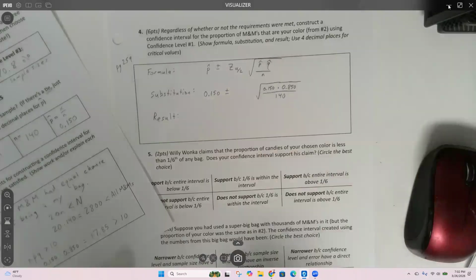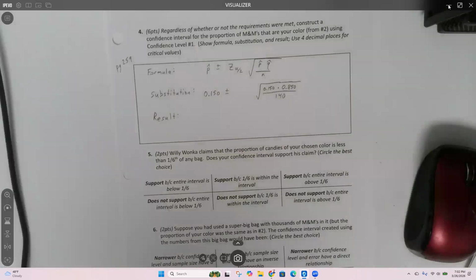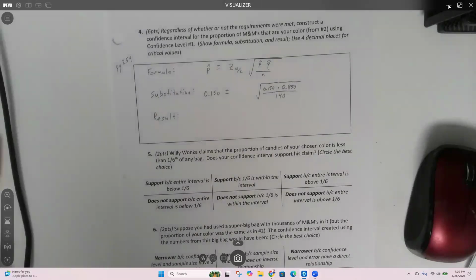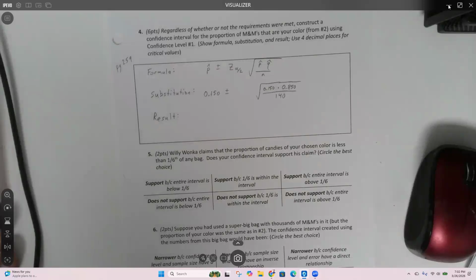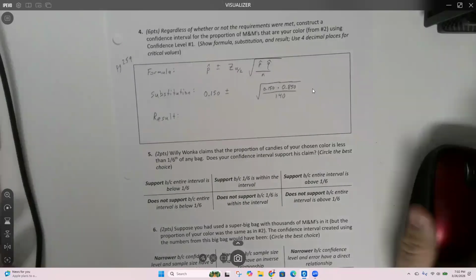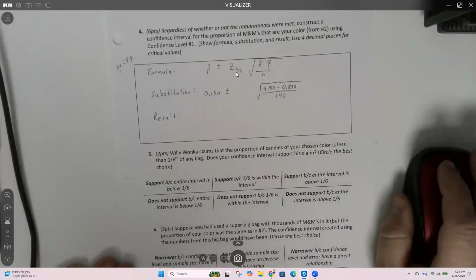There are two ways that you can calculate your confidence interval. One is using a pair of calculators, and the other is using StatCrunch. I'm going to show you both. First, I'm going to show you with two calculators. I need a calculator for Z alpha over 2.